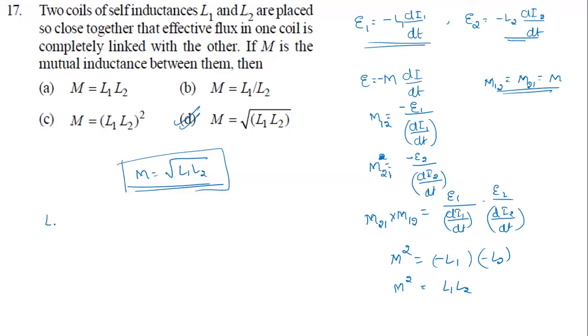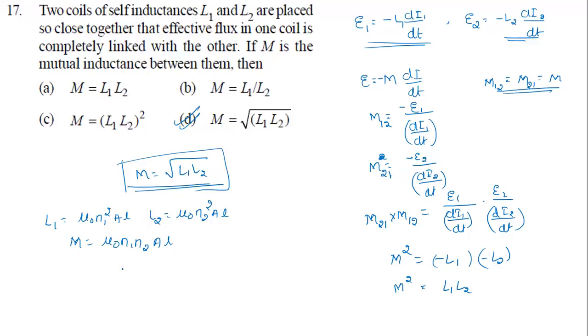Self-inductance L1 is equal to mu naught N1 square area into length. L2 is mu naught N2 square area into L. So mutual inductance M is given by mu naught N1 N2 area into L. By simplifying this, you can even get it like this.